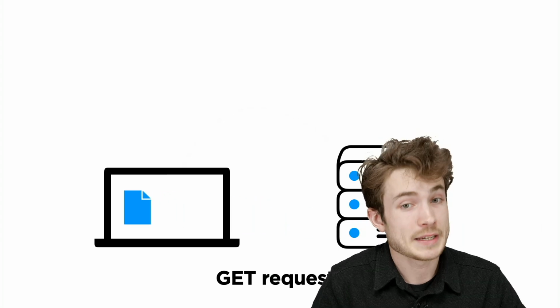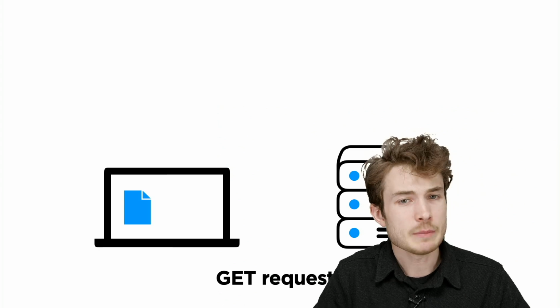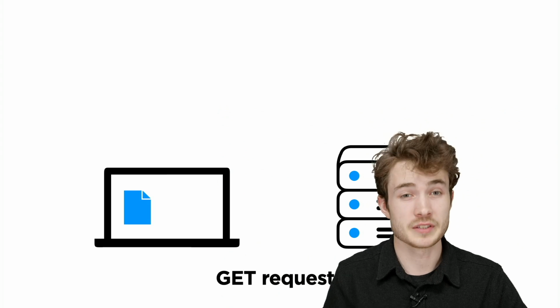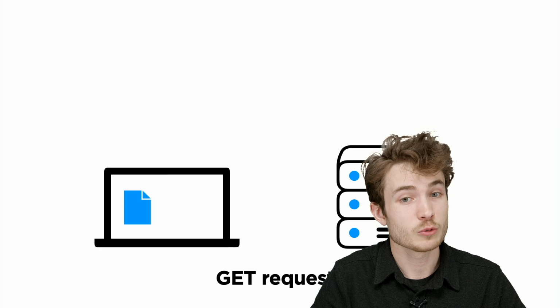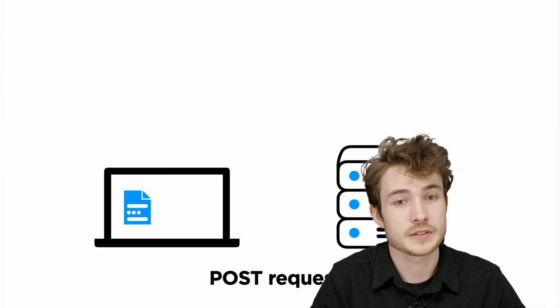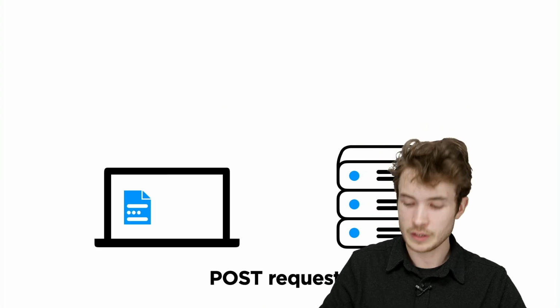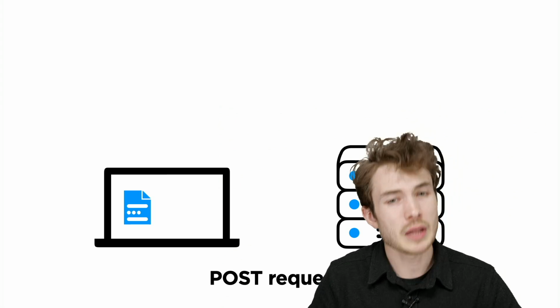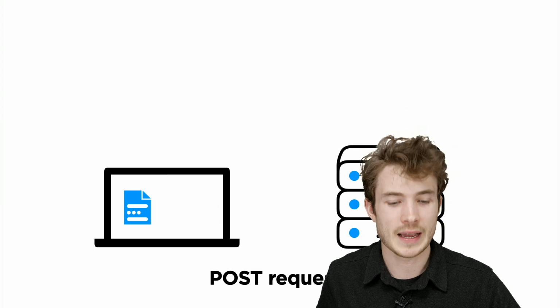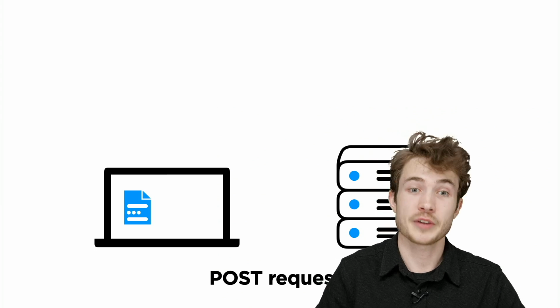Now, one other kind of request exists as well. Maybe the user is also sending the server some data. Maybe, for instance, it's sending a birthday for that server to store. So that's when we would use a post request. A post request generally allows us to send data to a server and generally implies the server will do something with that data. So maybe the user fills out some form.